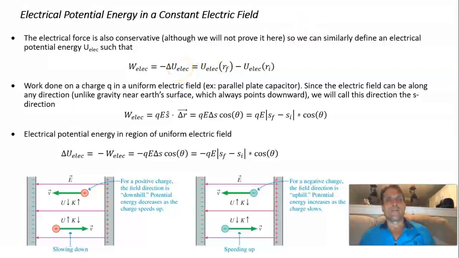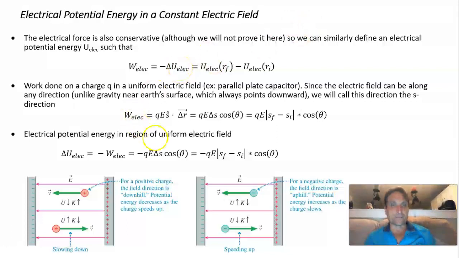And so then we went over an important example where you have a uniform electric field, in other words, where the field magnitude and the direction are constant, like in between the plates of a capacitor.